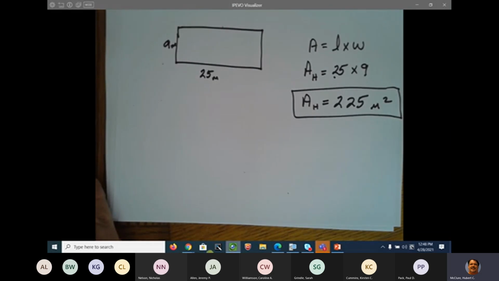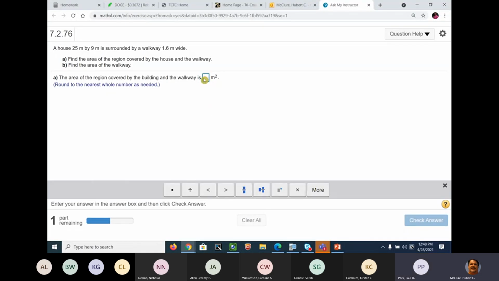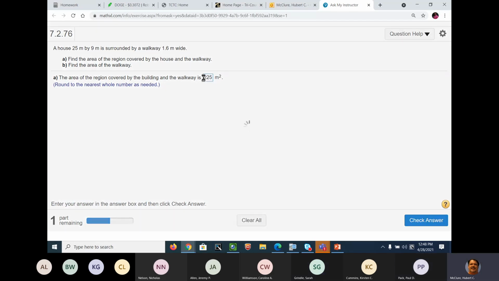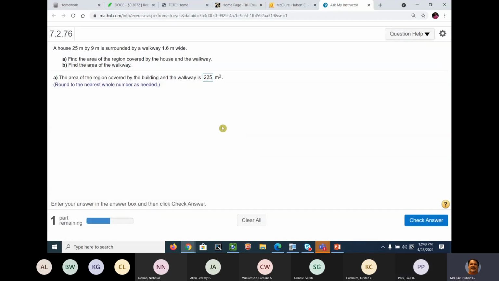So let's type that in, see what we get next. 225. Okay. Will somebody multiply 25 by 9, please? You get 225. No. The area and the walkway.